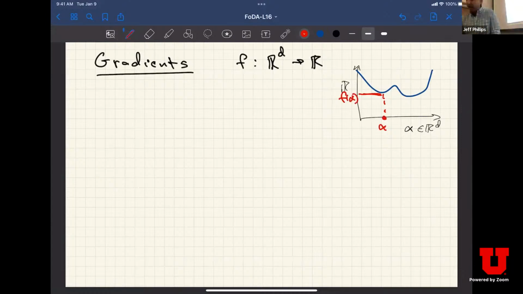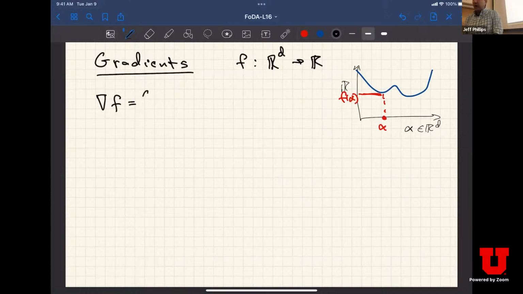Then we define the gradient of this function. It's harder to draw multi-dimensional functions, but we'll plot some today, so you'll get a sense of how to see them from plotting. We'll write this as nabla f, the gradient of f.